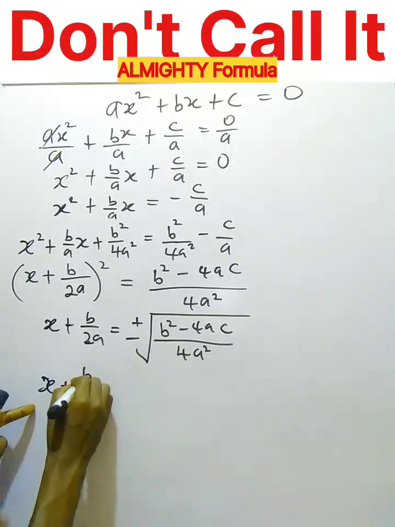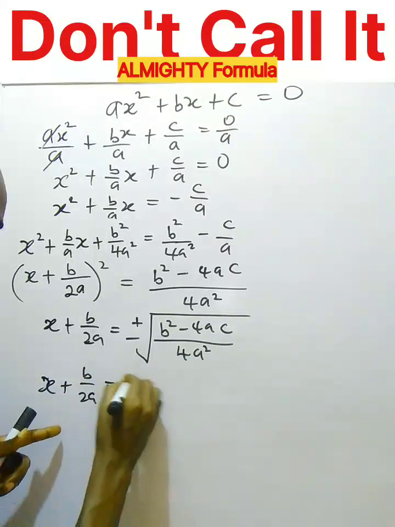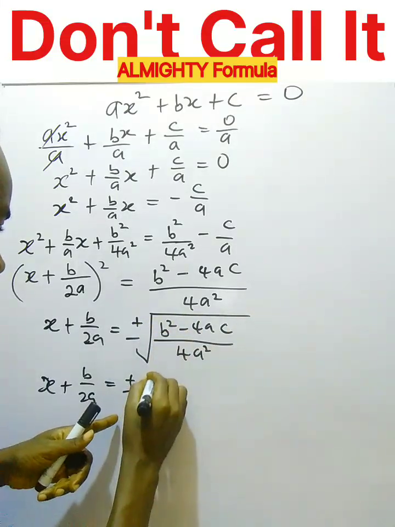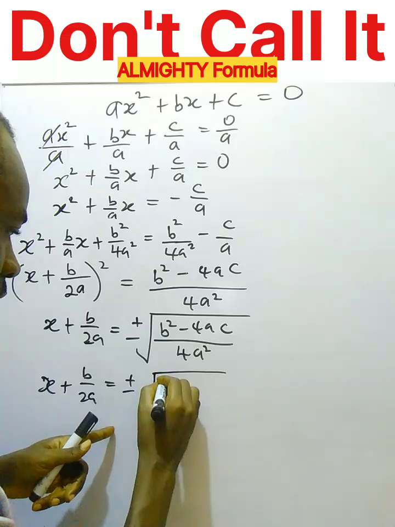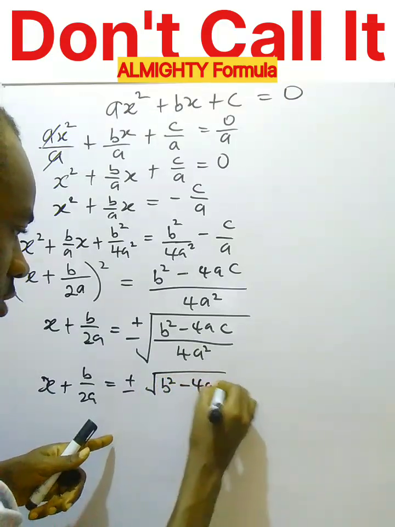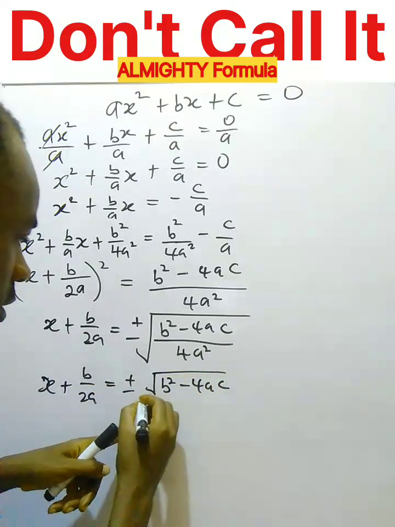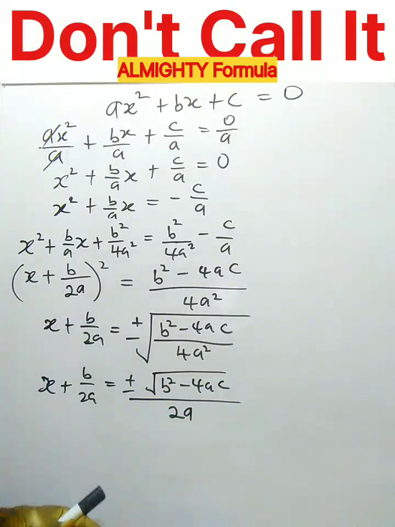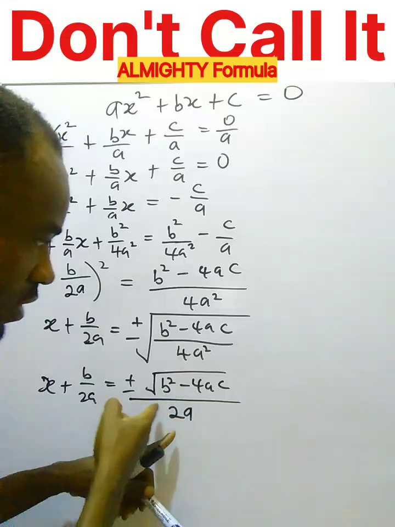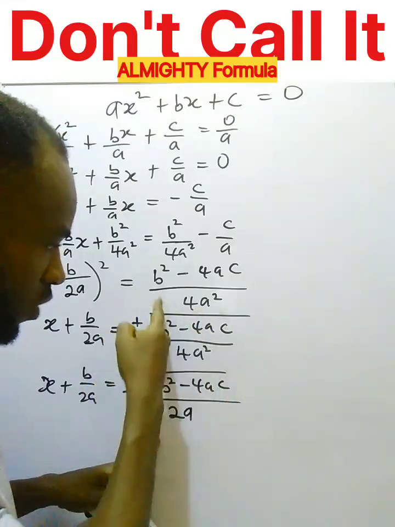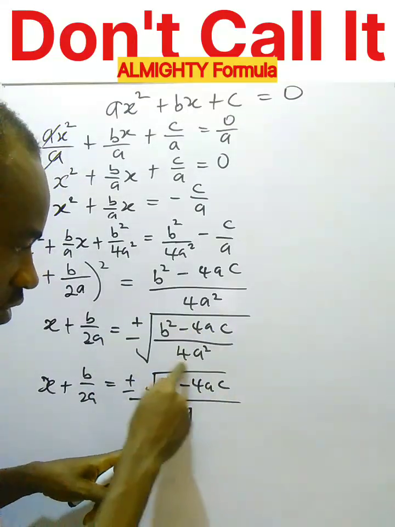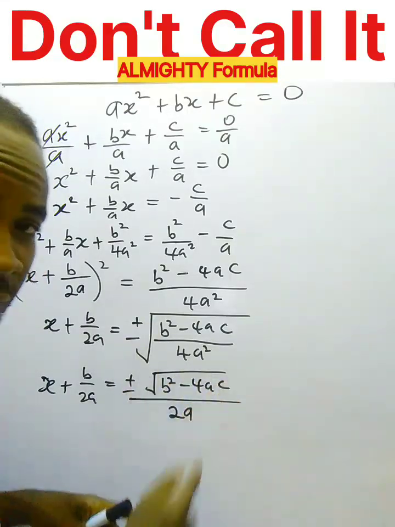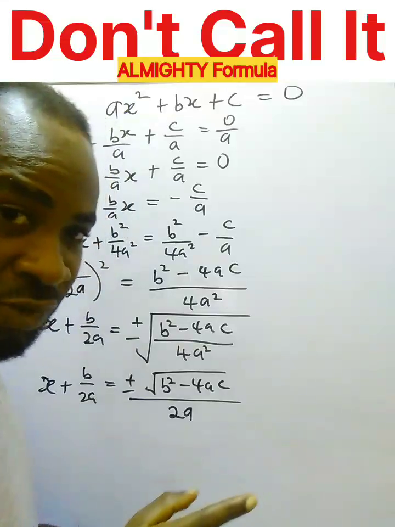I know that the square root of this numerator, we can't really obtain it, so I'll still retain the numerator. But the square root of 4 is 2. The square root of a squared is a. Now, can you see what is happening here? The square root sign is no longer affecting the denominator because I've already gotten the square root of the denominator. So the square root is now hanging on top. Can you see that? Please take note, it's very important.